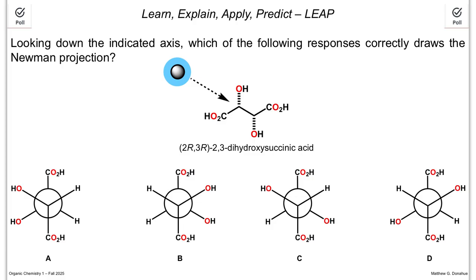Even from just the way it's drawn without a model kit, the OH groups in the zigzag are on the same side. And remember that for the Newman, you're not rotating anything yet. So in the Newman projection, they have to be on the same side.